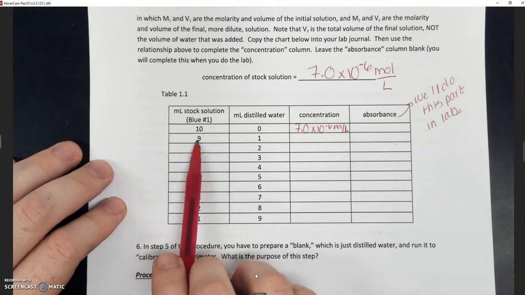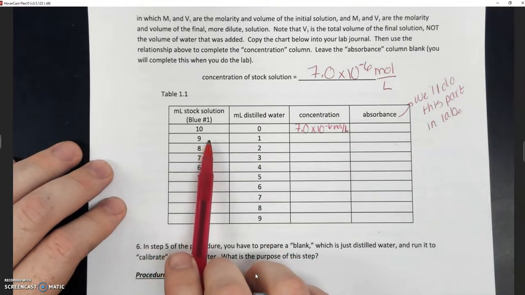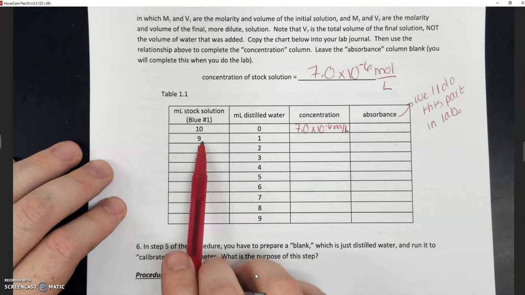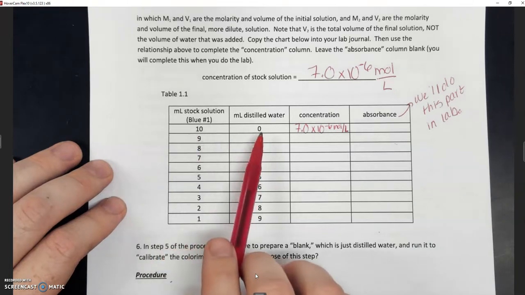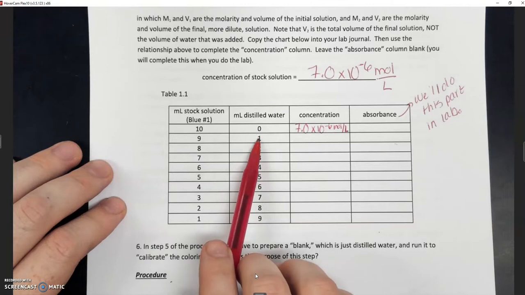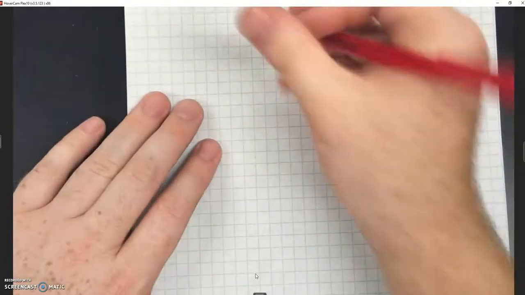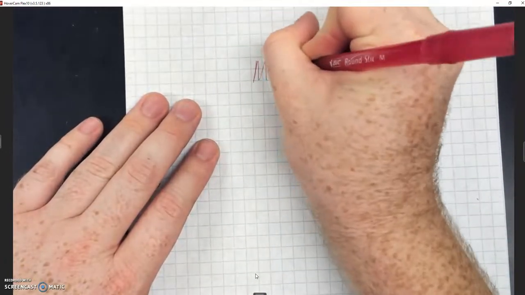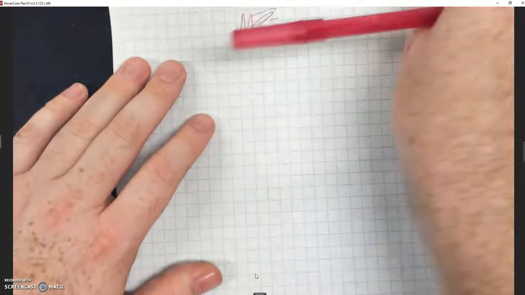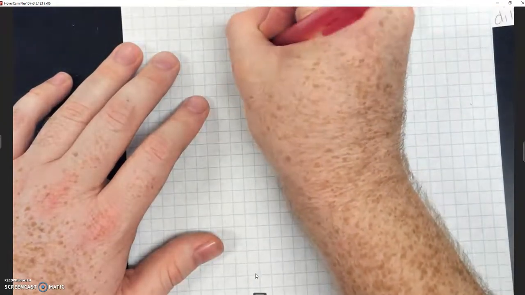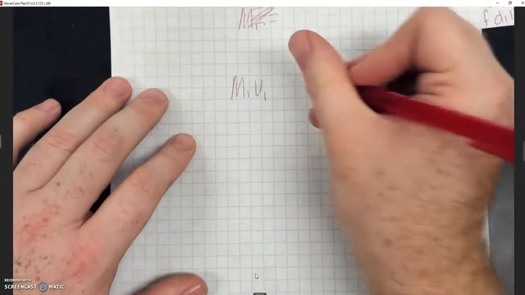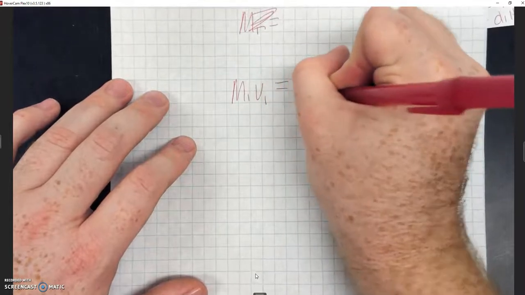Now, let's do the concentration for when it tells you to take 9 milliliters of stock solution and then add 1 milliliter of distilled water to it. That's a dilution problem. Let's go ahead and try it out. Okay. We know that M1 V1 is equal to M2 V2.